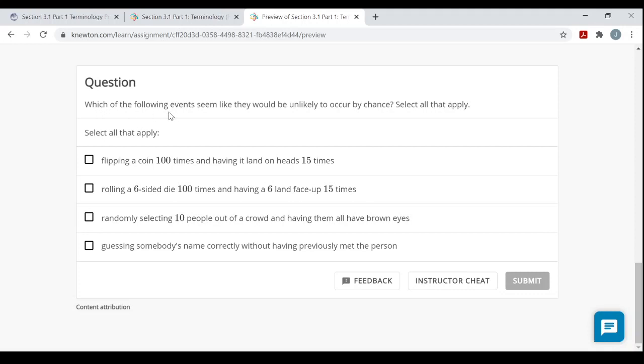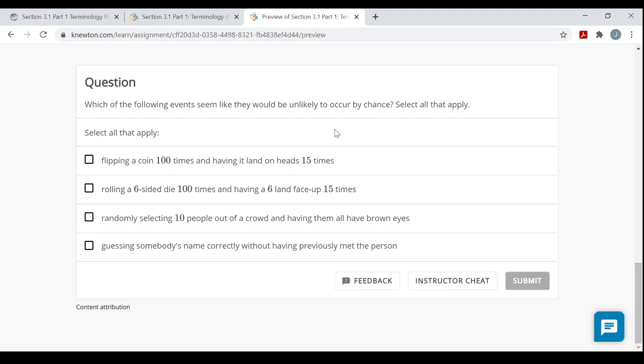So again here, which of the following events seem like they would be unlikely to occur by chance? Select all that apply. Unlikely to occur means has a low probability. We're going to say unlikely to occur here is like a probability of, I'll say, 5% or less, something very small, very close to 0.